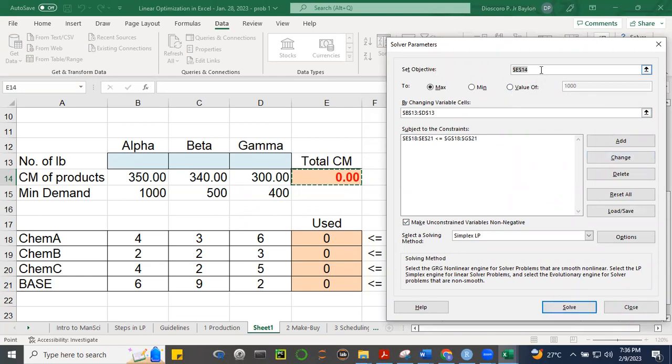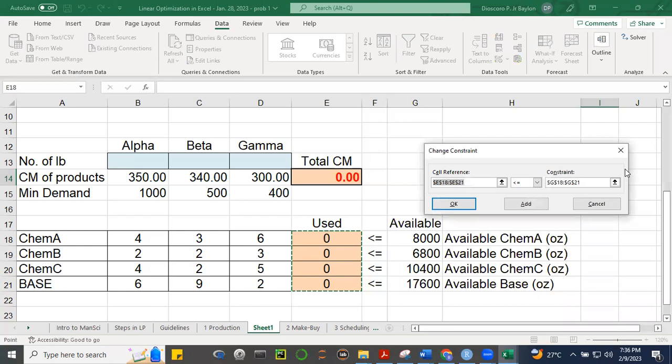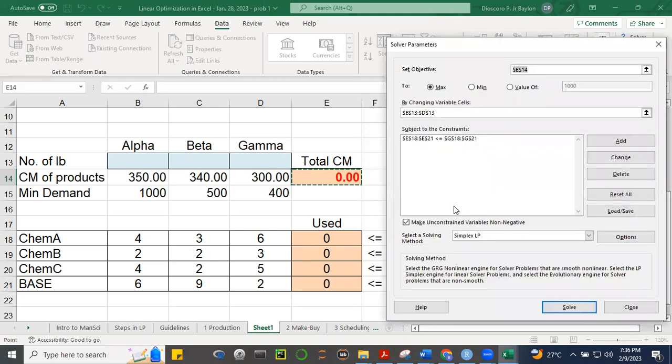This one is my objective, maximize changing cells, and then let me change this. Let me just redo it because I saw an error message a while ago. So this one should be less than or equal to this one, right? If I click OK, all right, it accepts. I'm wondering why I seem to have seen an error message a while ago.